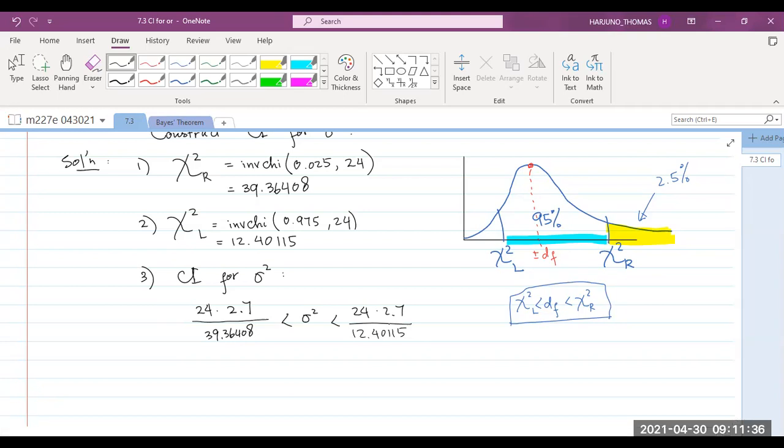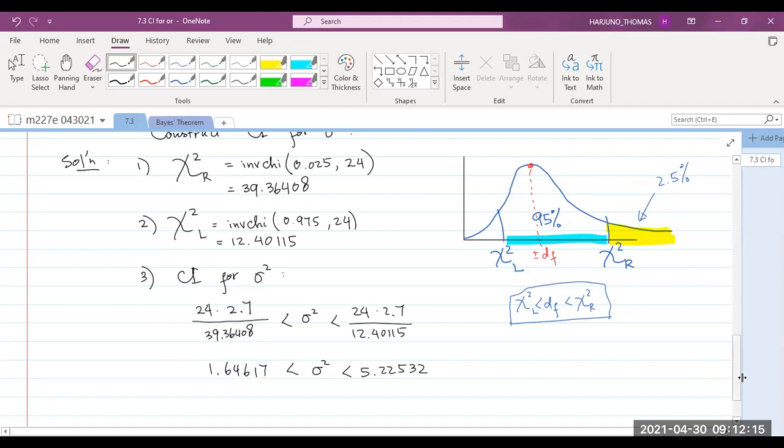Okay, now next we will compute it. That is 1.64617 less than sigma squared less than 5.22532. That's the confidence interval for sigma squared.